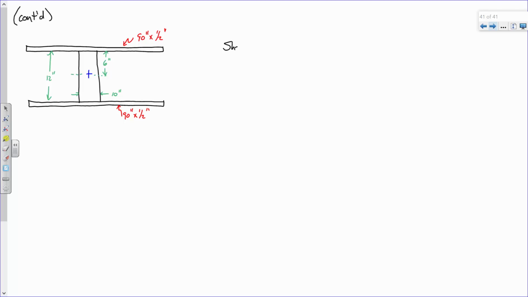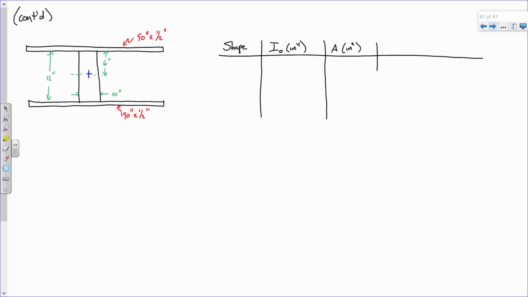So I've got the shape, I naught, A, D, and I plus A D squared. It's going to be pretty simple.